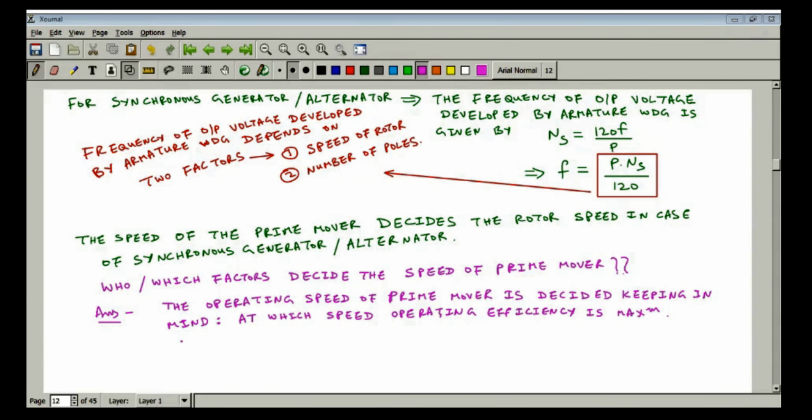Now number one, steam turbine efficiency is better at high speed.